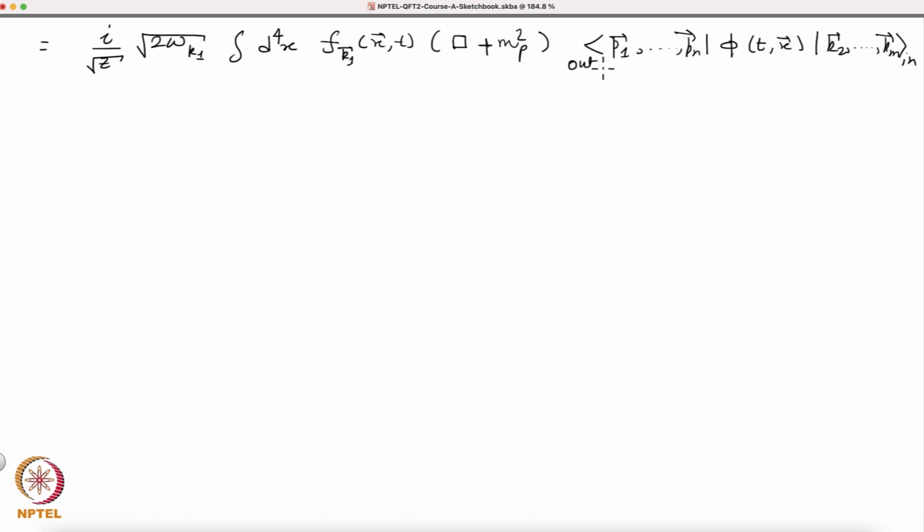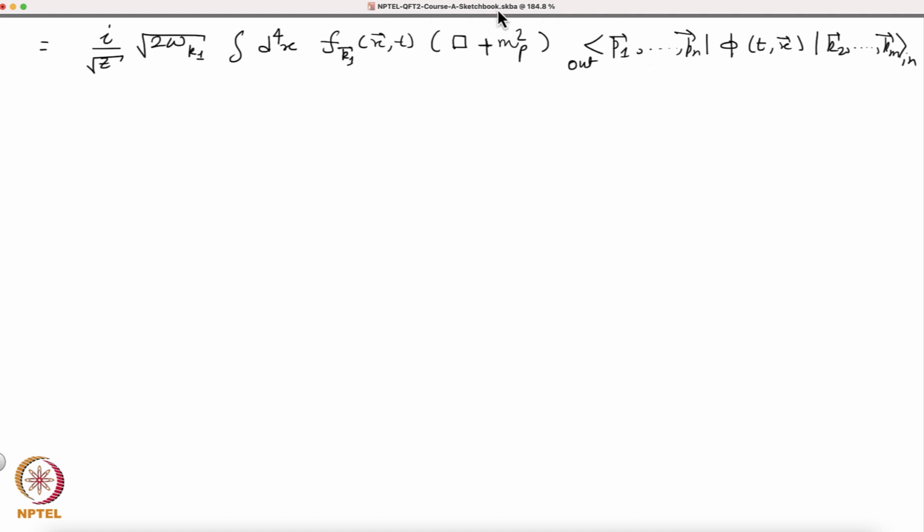So what you will have at the end of this procedure is vacuum, then a bunch of phi's coming from the out state, then a bunch of phi's coming from the in state, and then again vacuum, okay. So this is what we are expecting based on what we have seen just now. But let's see in detail what really happens, okay. What are the factors you get and what exactly is the operator content sandwiched between the vacuum.